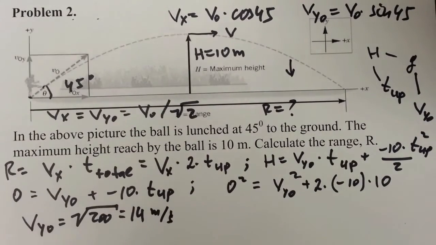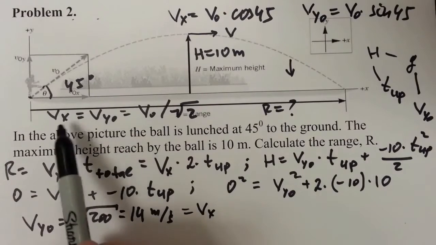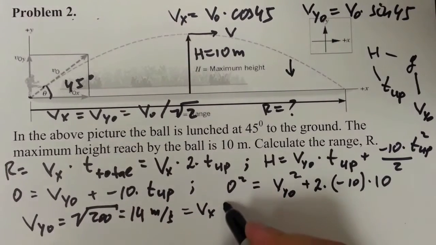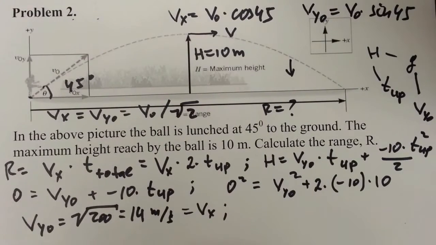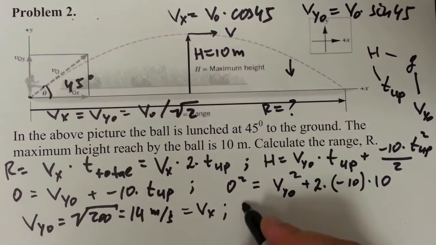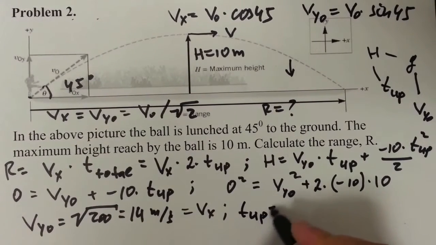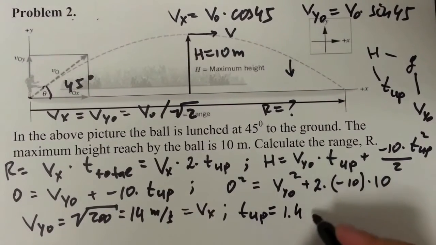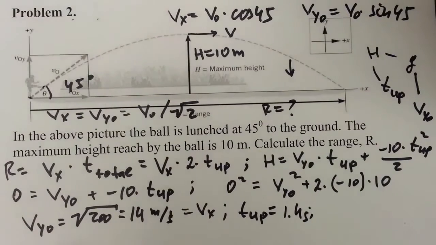And as we know, this also should be equal to the x component. Now, if we know this number, which is 14, we can calculate the time up. That will be 14 over 10, 1.4 seconds.